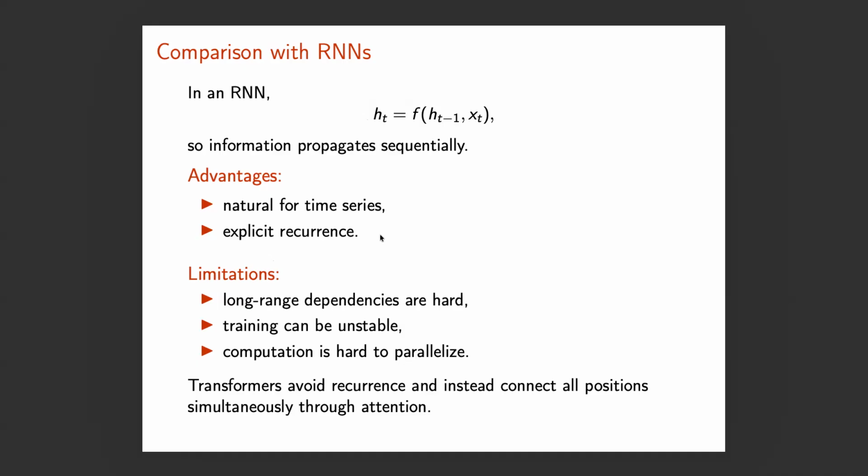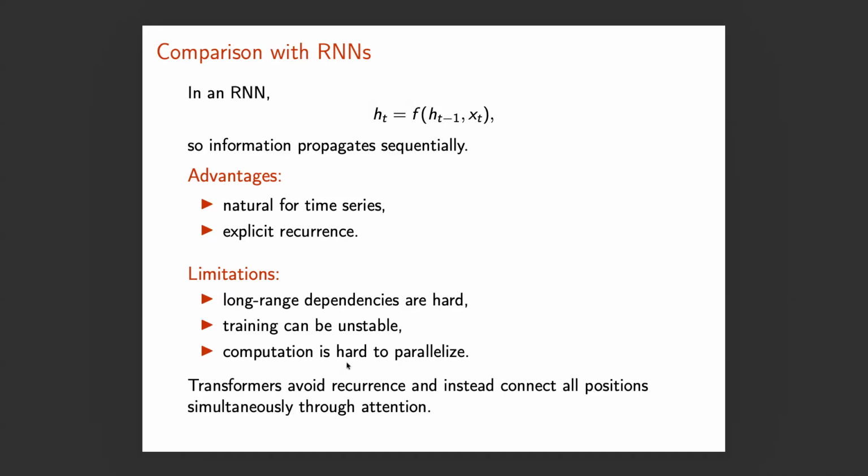So the limitations are that long-range dependencies are hard. You need to store a lot of data if you want to treat that properly. Training can be unstable due to exploding or vanishing gradients. And also a simple RNN is extremely sequential, so you cannot parallelize it.